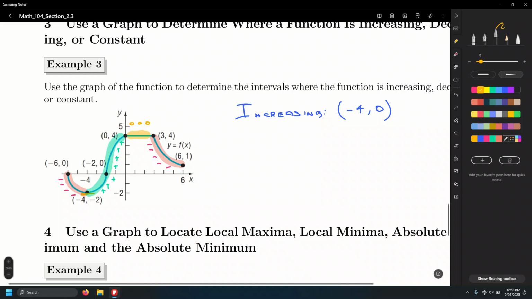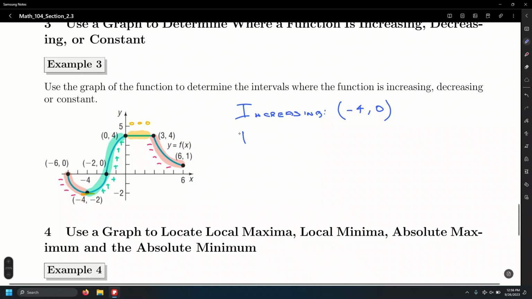Now let's list the intervals where the function is decreasing. Notice there are two intervals marked with red: the one that goes between -6 and -4, and the interval that goes between 3 all the way to x equals 6.